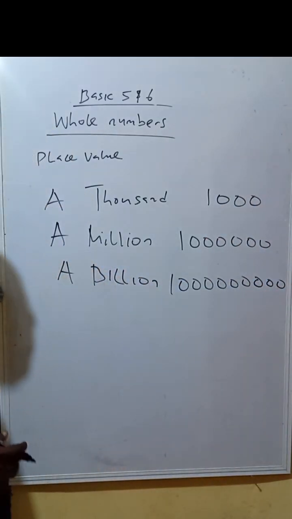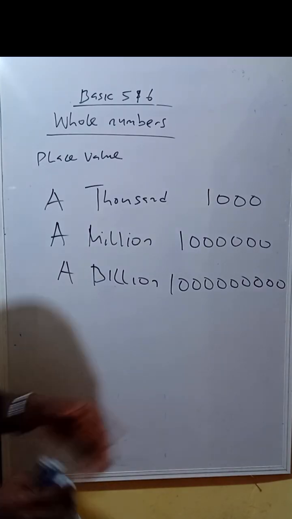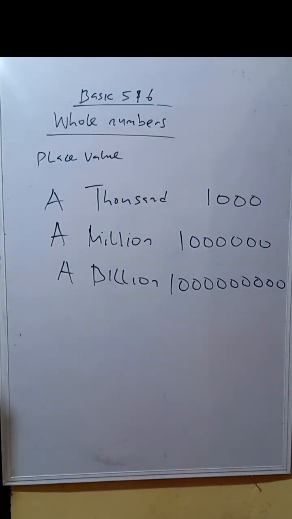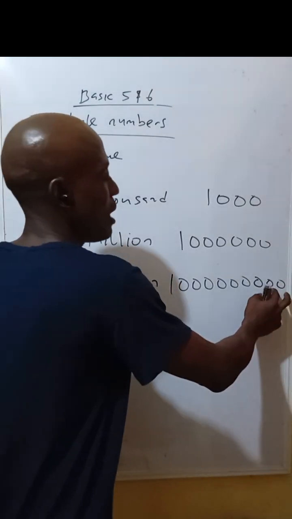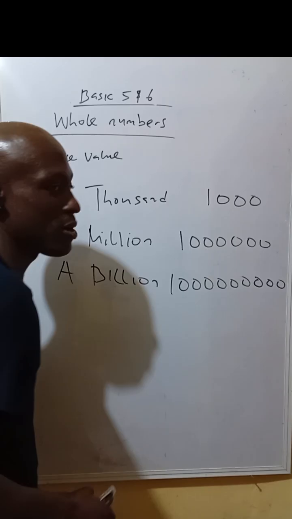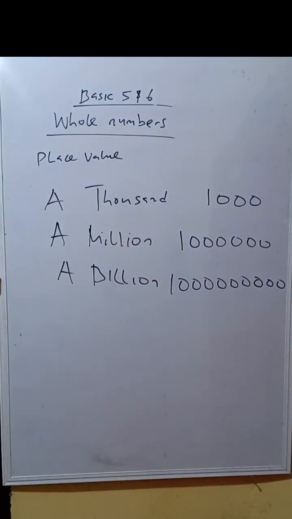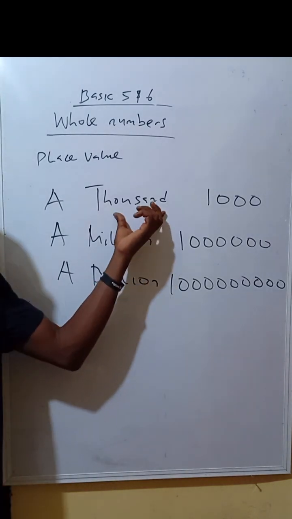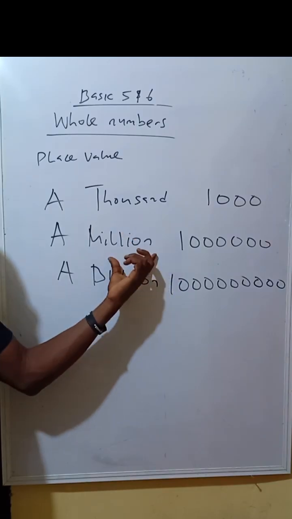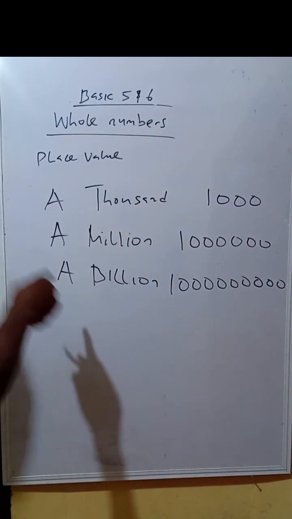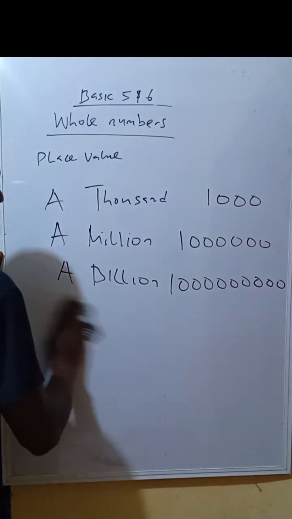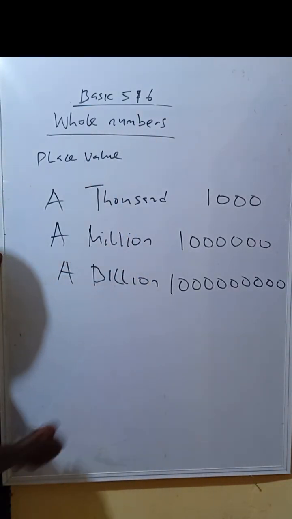You add 1,000 to it, so you add three extra zeros to these zeros here. You have a billion. Three digits after this, you have million. Three digits after this, you have billion. So this is our focus: billion, million.